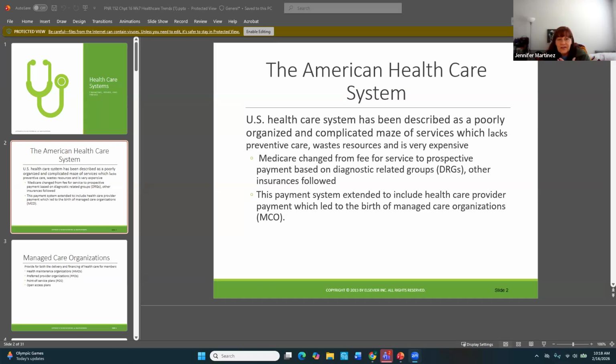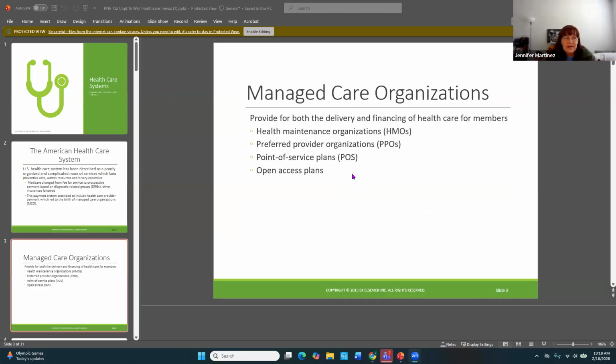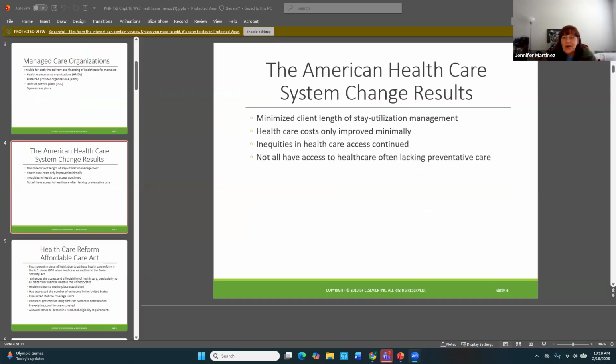So usually you'll have a couple of different options when you sign up for benefits, and you have to look through the benefits to see which one is going to be better for you.